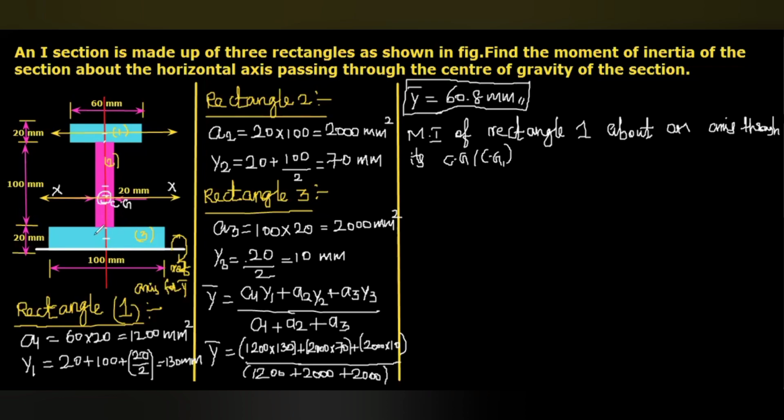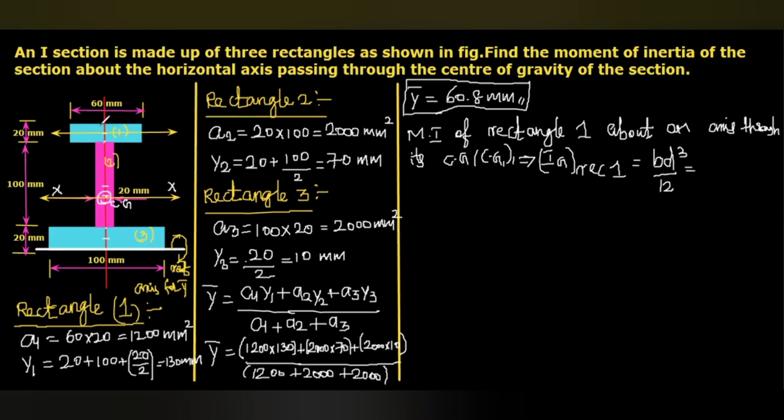So that will be, we know that, guys, from the reference video, the moment of inertia of a rectangle. In that video, you can see this. So here, this will be IG. Okay, we can write IG of rectangle 1 equal to BD cube divided by 12.